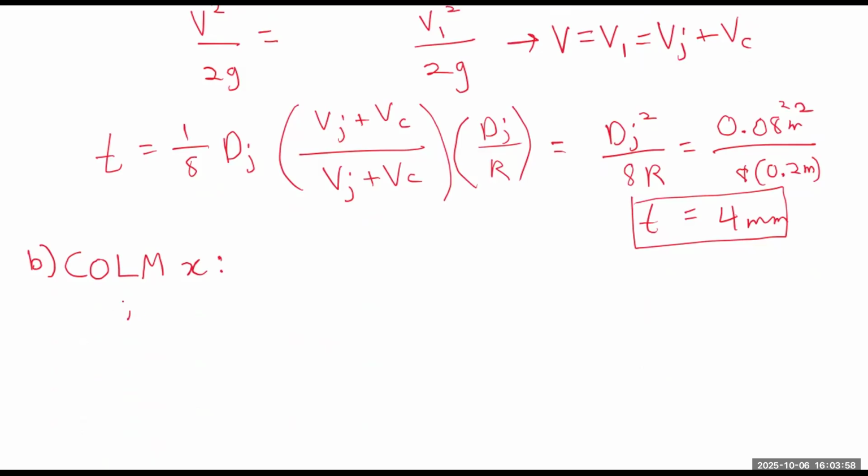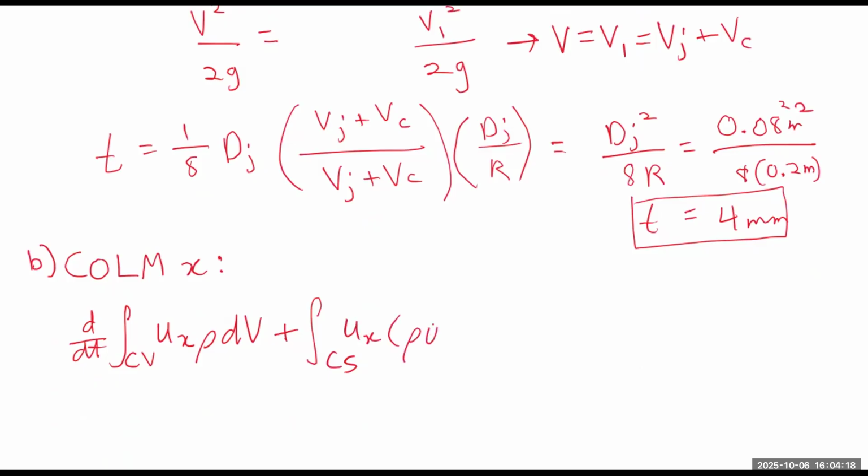So for conservation of linear momentum, we have d over dt of the integral over the control volume of the velocity in the x direction times rho dV, plus the integral over the control surface of ux rho u relative dot dA.